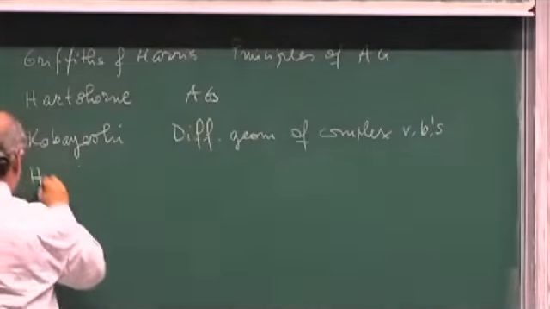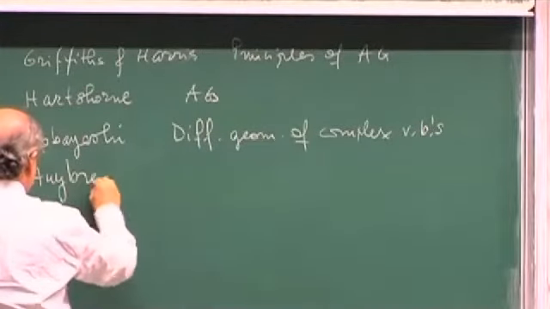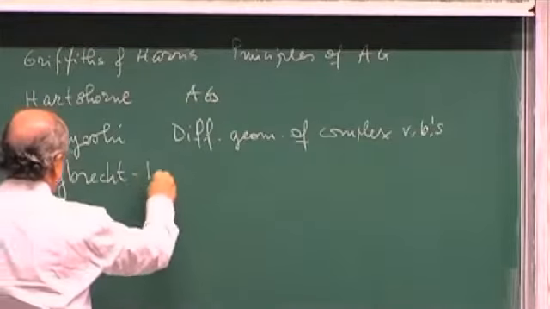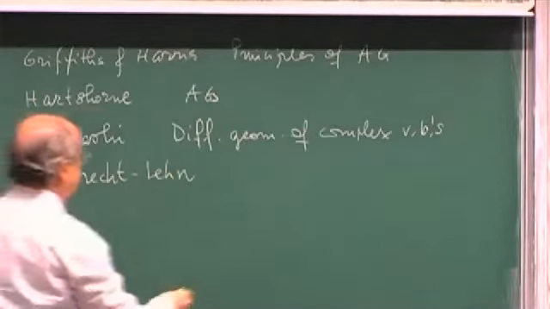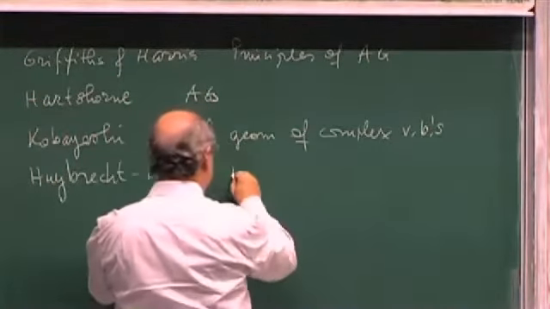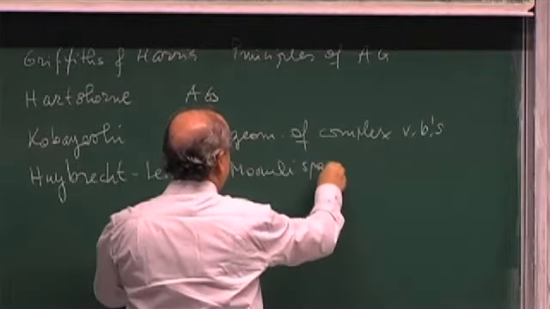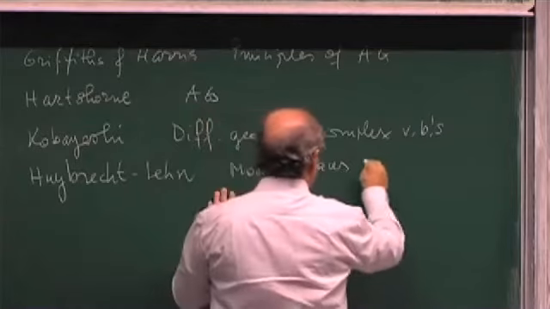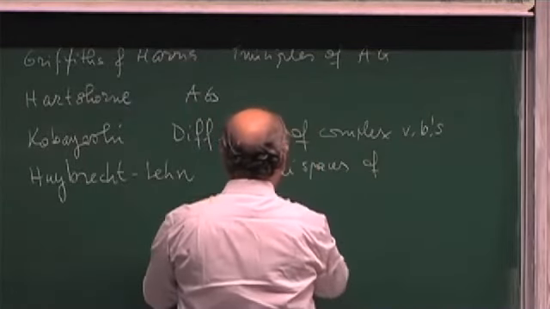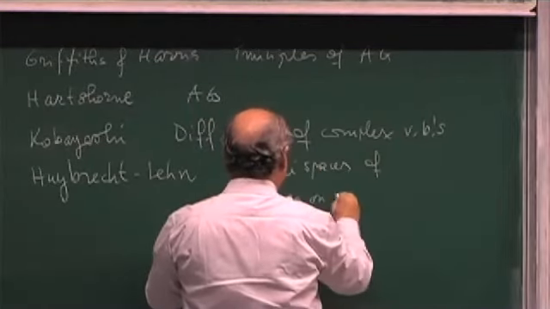And a book by Huybrechts and Lehn, which is called, I believe, again, this is much more algebraic, possibly something like Moduli Spaces of Sheaves on Surfaces.